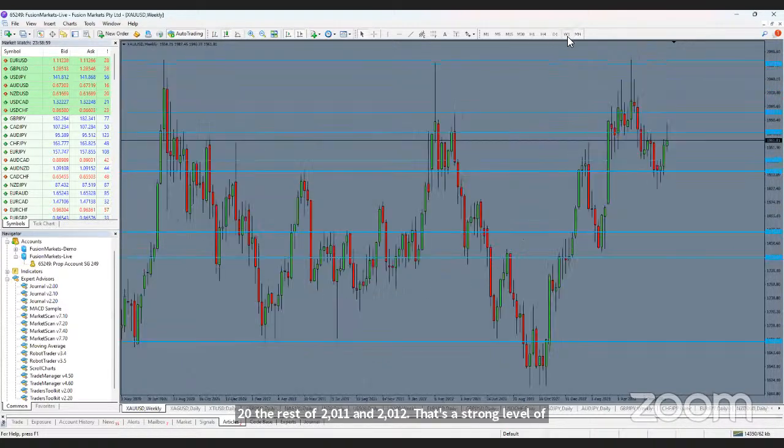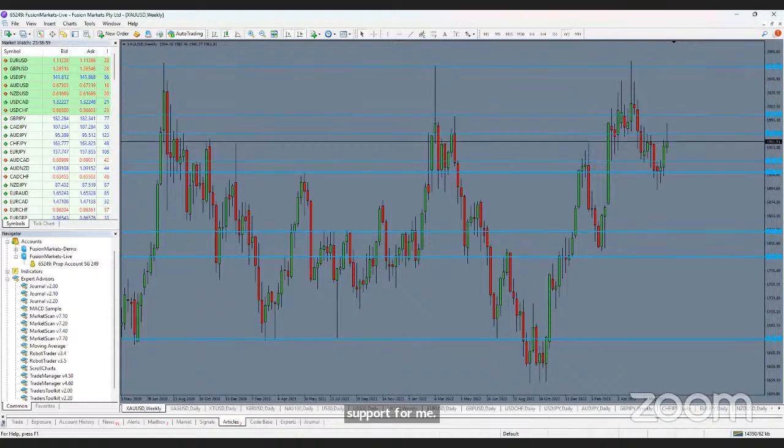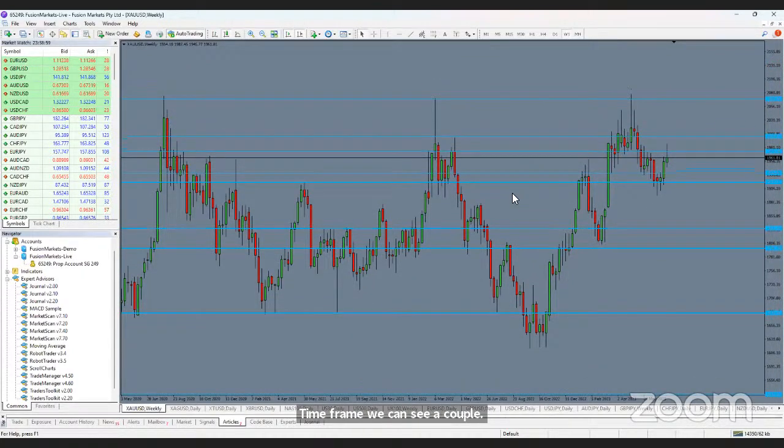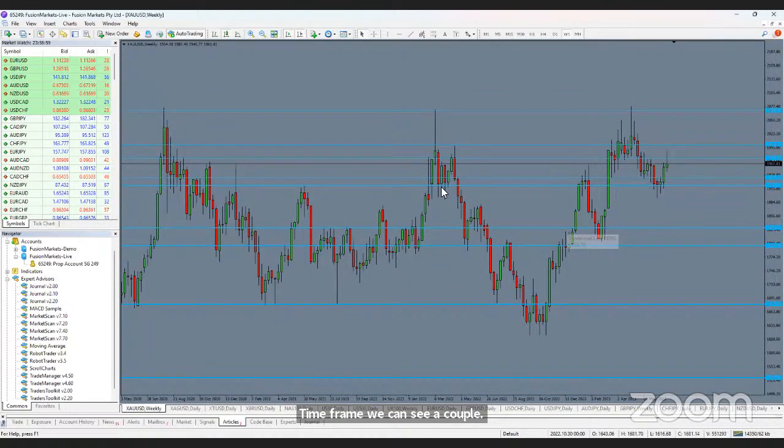Over the time frame, we can see a couple more levels here. We've got this strong level here, 19, that's the level that price has very recently, in the last couple of weeks, bounced quite strongly from in order to start this little bit of an uptrend that we see ourselves in at the moment. I always like to have a couple of levels above price and a couple of levels below.